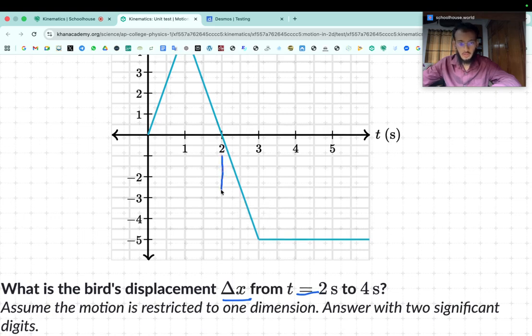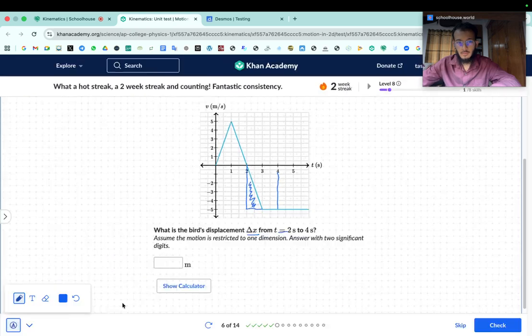We know that the area under the velocity-time graph gives us the displacement. So for time 2 to 4, we actually need to calculate this portion plus this portion.